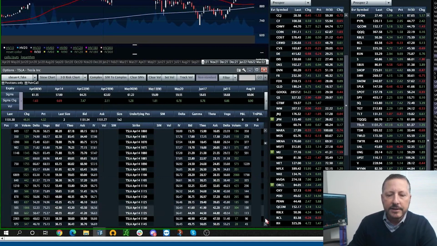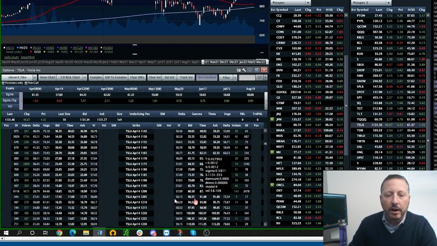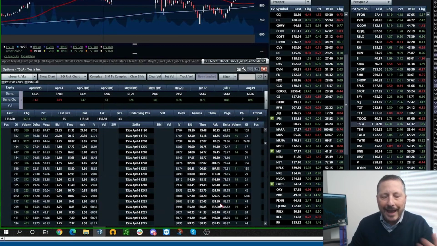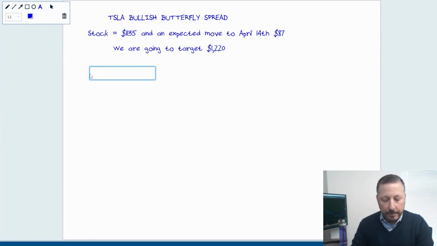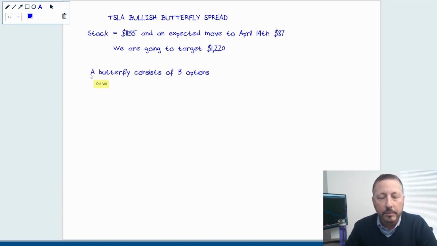So in this case, since 1220 is our target, we know that's the option we want to sell. Now, a butterfly consists of three options. Again, they can be puts or calls, bullish or bearish. We're going to use call options here since we are bullish.